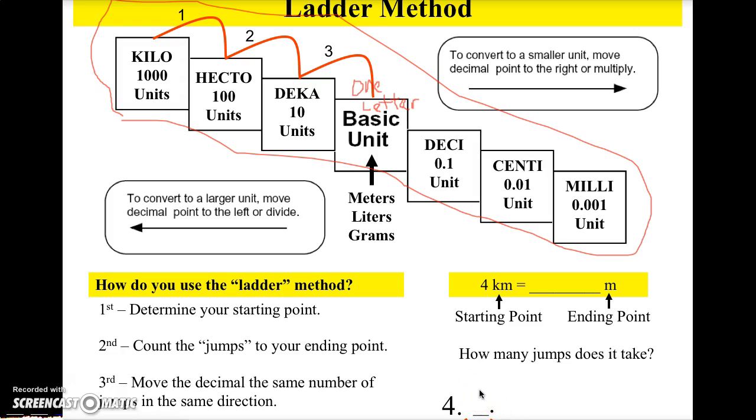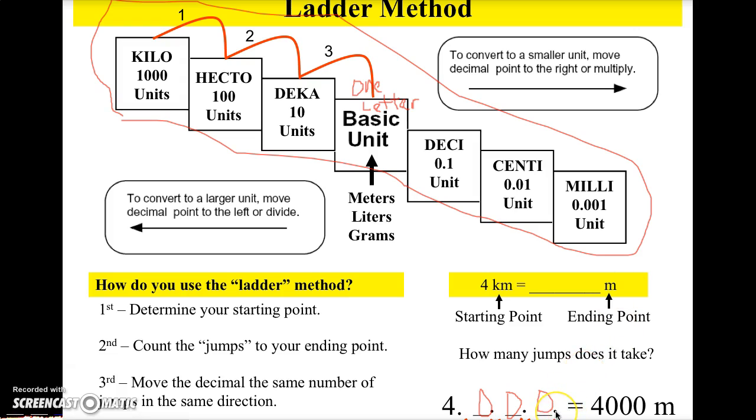We fill in a 0 right there. 1 more jump over, fill in another 0, and then take a 3rd jump over and fill in another 0. So 4 kilometers is equal to 4,000 meters.